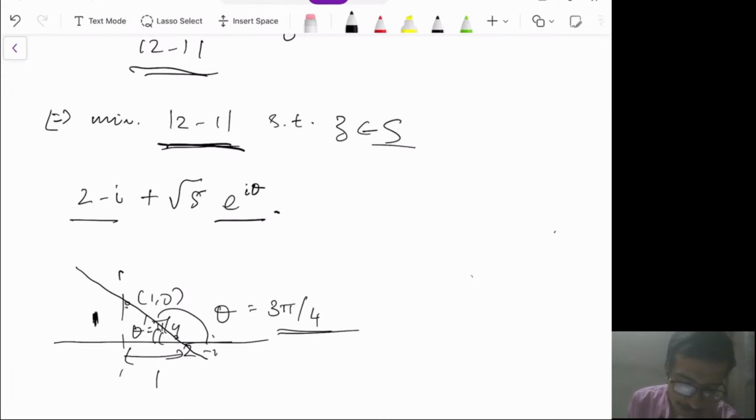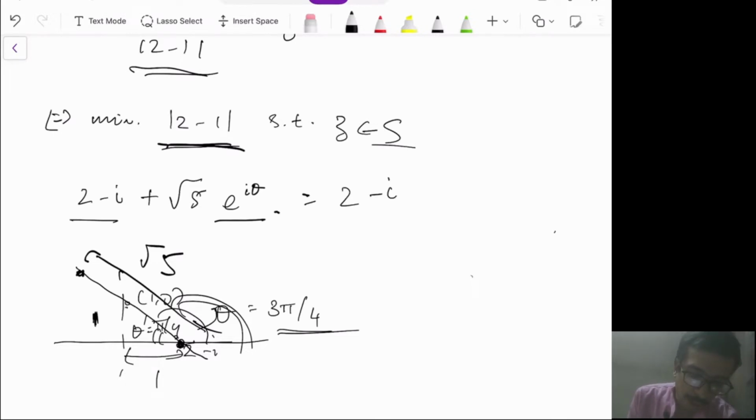So here, with respect to 2 minus iota, the distance of this point is going to be root 5, and the angle which this line makes is precisely 3 pi by 4. So overall this point can be represented as 2 minus iota plus root 5 times e to the power iota 3 pi over 4, right?